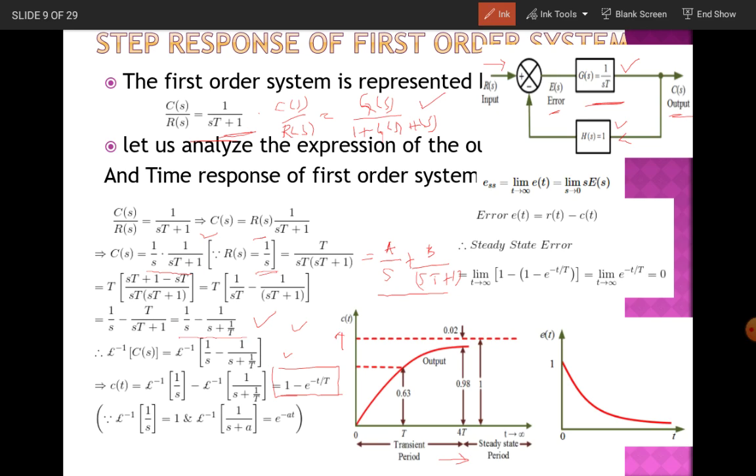So the output increases exponentially or transiently, then reaches the final steady state value, that is the desired value. Sometimes it may not reach the steady state value. There may be a difference between the desired and the actual value that acts as the error. Okay, so here this difference is the error. So this will give the error E of t. So this graph is the C of t.